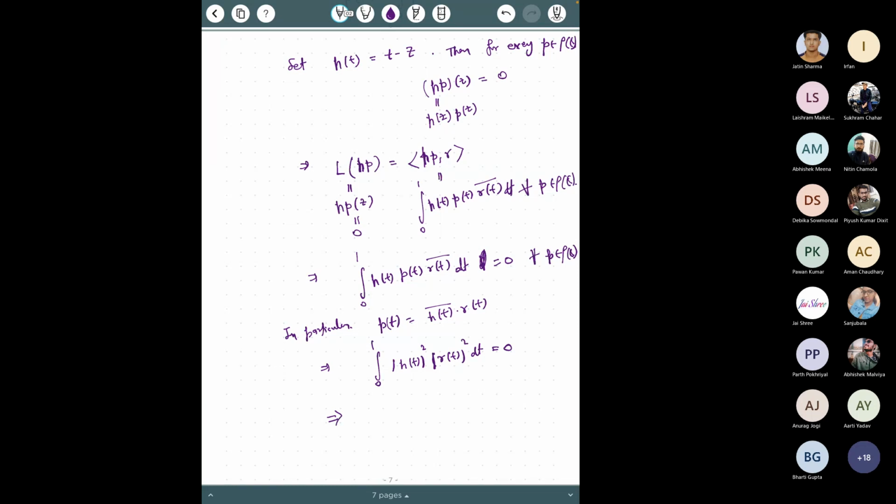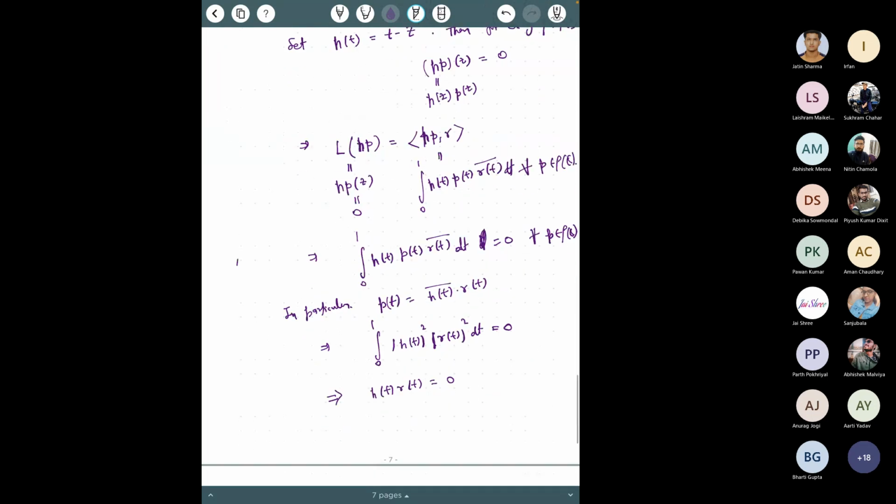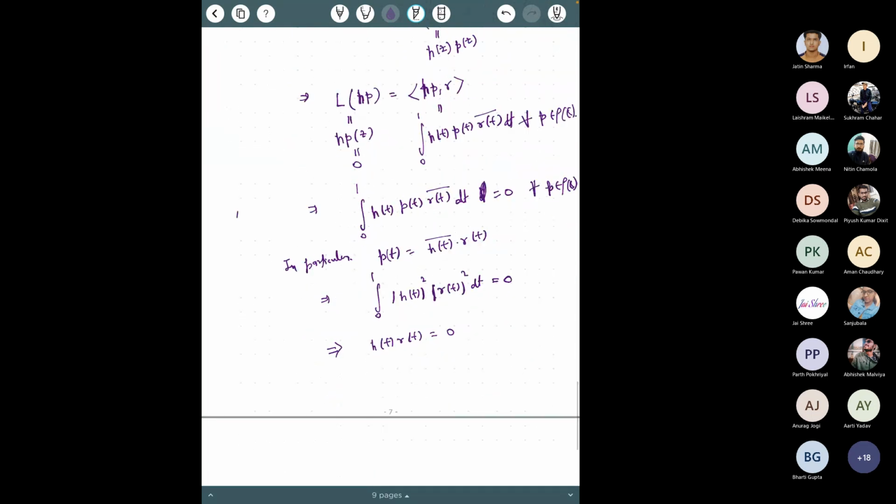Now, H(t) is not equal to 0, because you can see this is a degree 1 polynomial, and it is 0 only at z. It is nowhere 0 except t equal to z. So clearly R(t) is 0 at least at the points other than z.